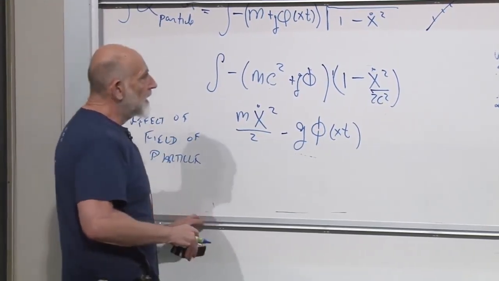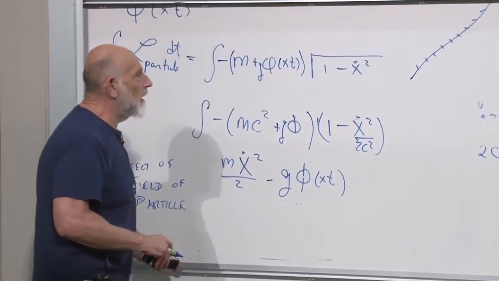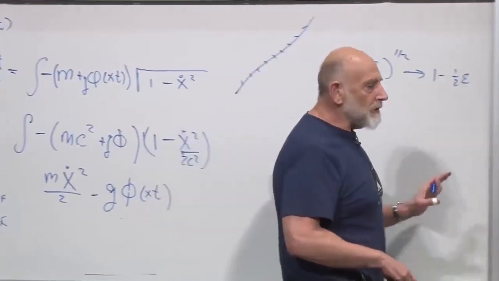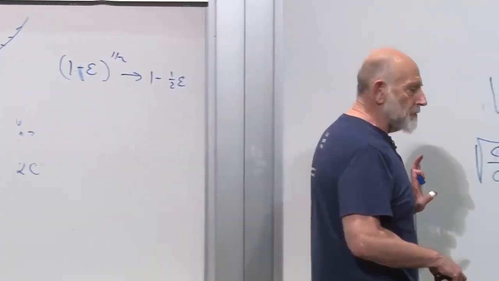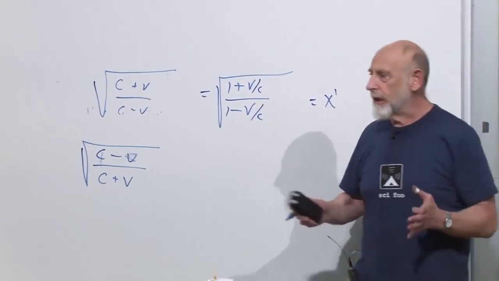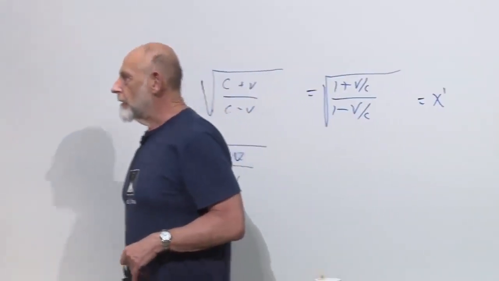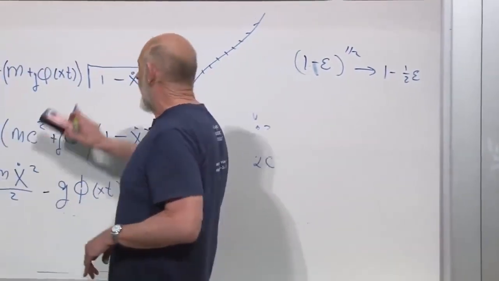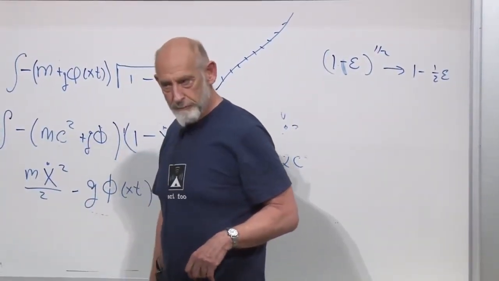Okay. Now, what about the effect of the particle on the field? The important thing to understand is that there's only one action. The total action altogether includes an action for the field and the action for the particle.